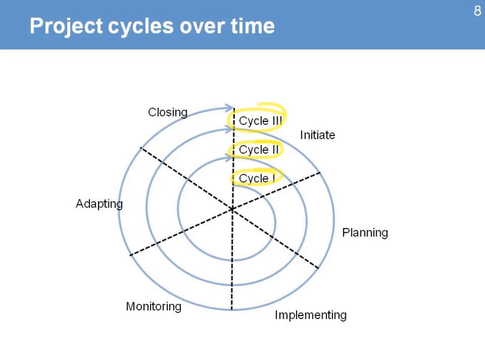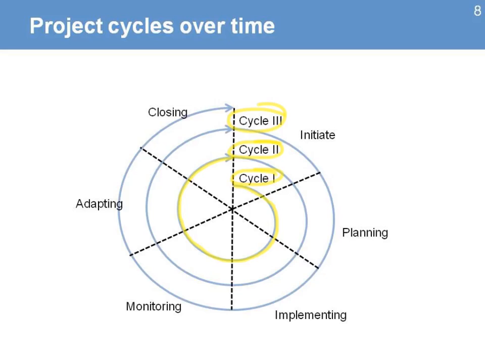You begin in your first cycle, you start the project, you do some planning, implement, you monitor, adapt, and then you close that phase. What happens during that cycle is that there was a lot of learning. You notice that the original plans, the ideas that you had on how you were going to manage your project, had to be modified, or they need to change for the next cycle. And that's part of the lessons that the project learns in that cycle. They can be incorporated into the next cycle.